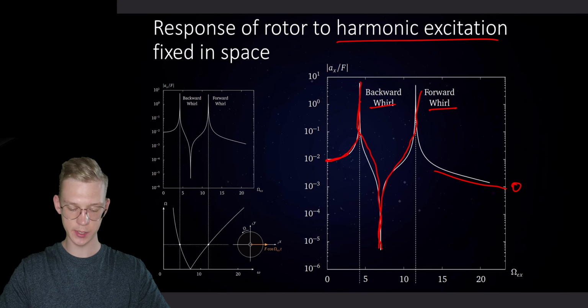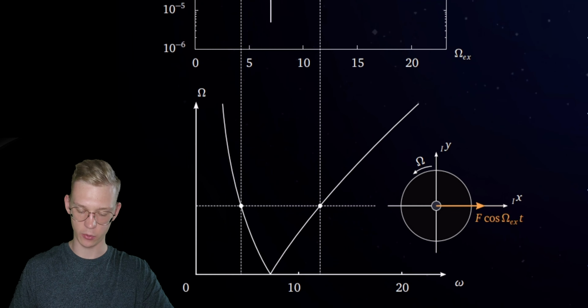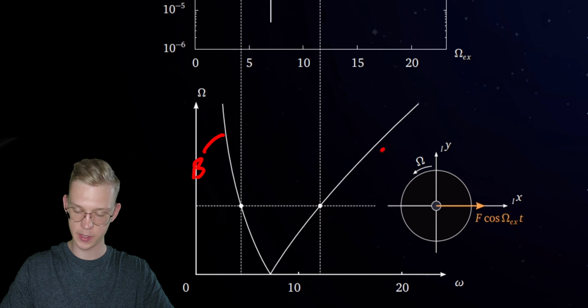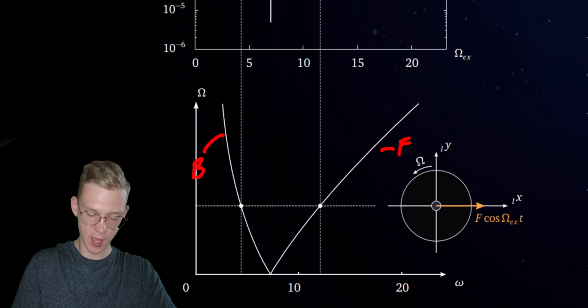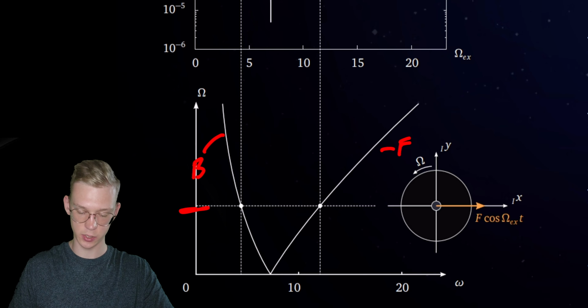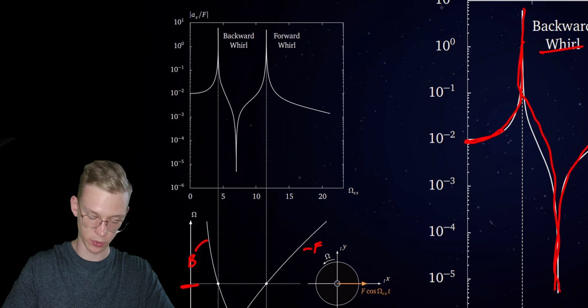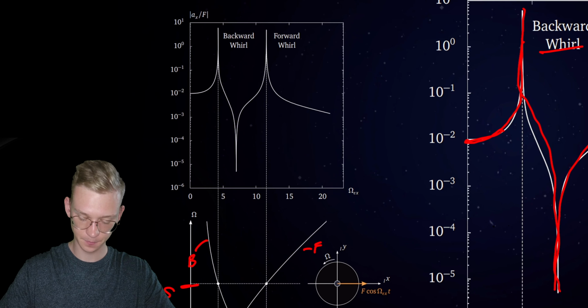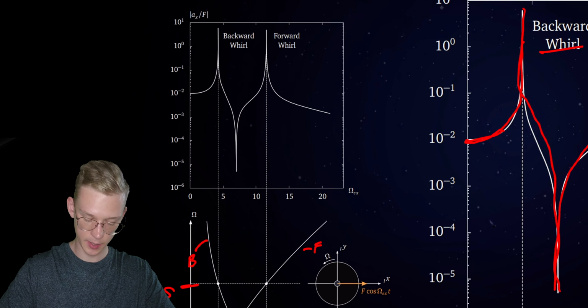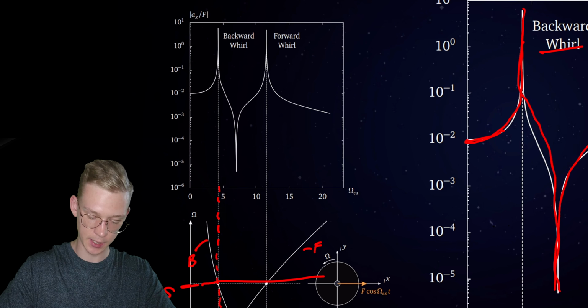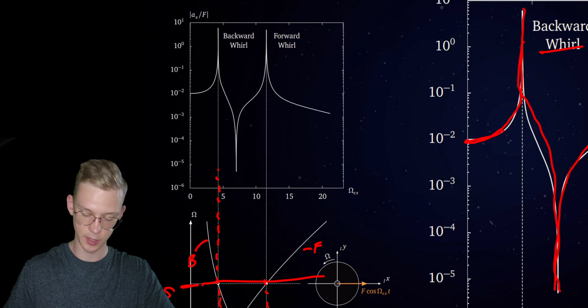And the interesting part is that if we tilt our Campbell diagram, so this was our backwards whirl, and this was our forward whirl, and we have a certain excitation speed, we will hit the eigenfrequencies exactly at the points where these two lines intercept.